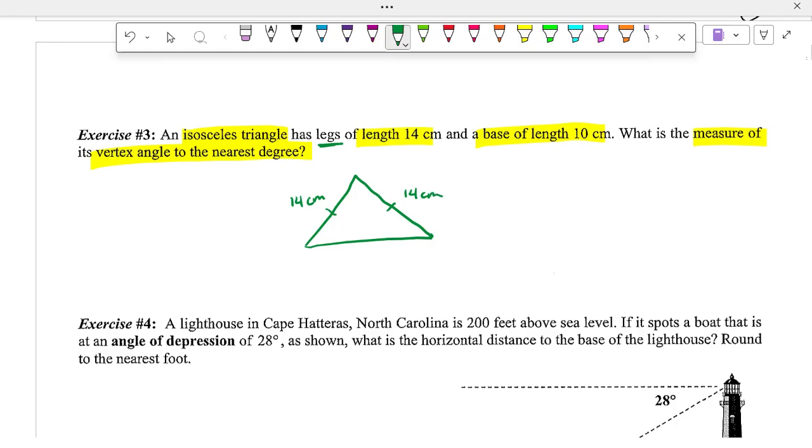The base, which is the non-congruent side, is equal to 10. And it wants to know what is the vertex angle. So the vertex angle is the non-congruent angle. These two angles are congruent. The non-congruent angle is what we're trying to find.